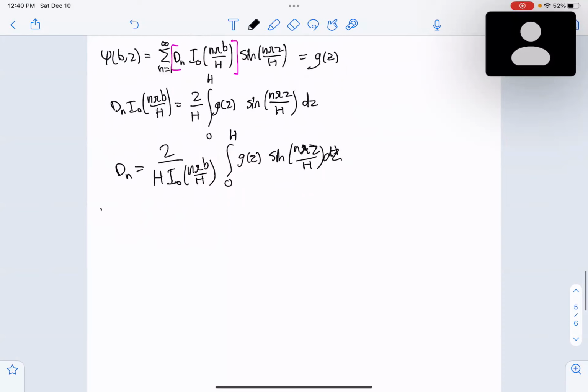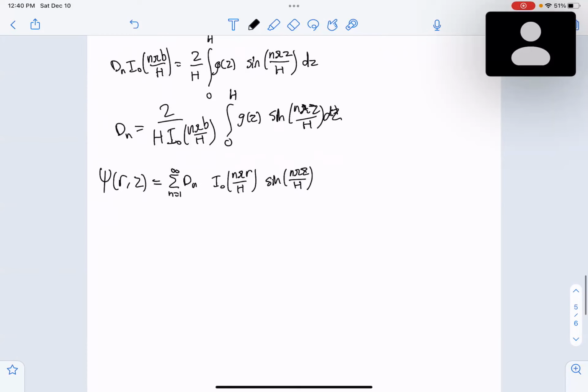And we get our final solution, which is just phi of Rz is equal to summation n equals 1 to infinity Dn I naught n pi r over h sine n pi z over h, with Dn defined as above, obviously.